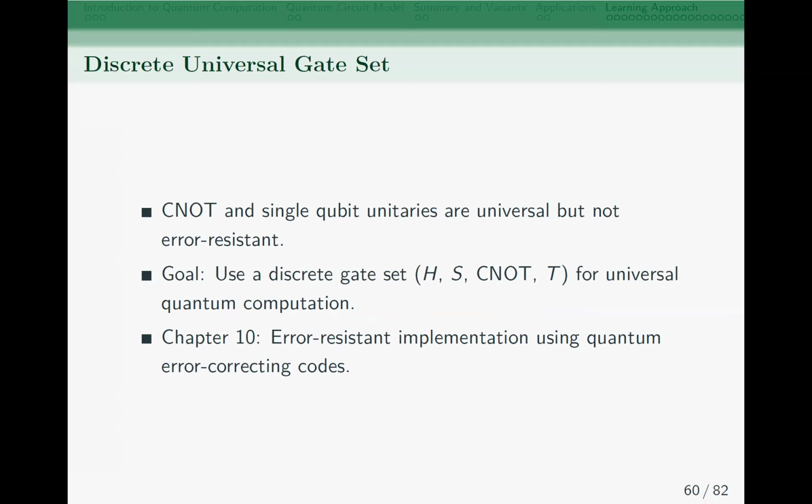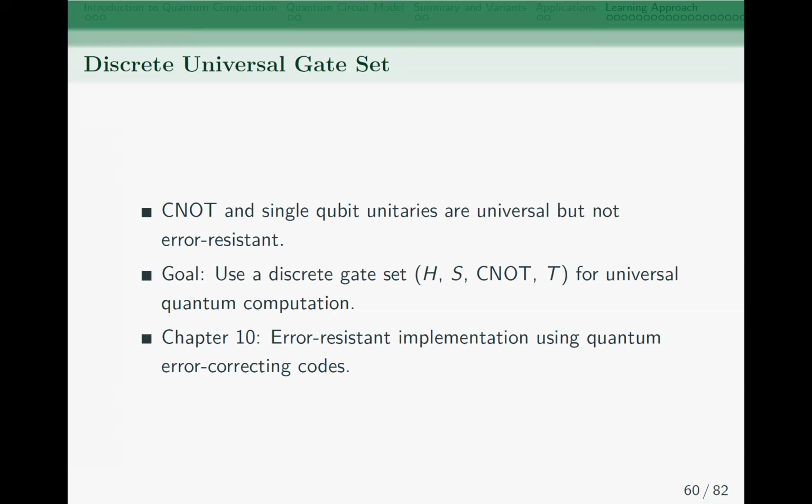Single unitaries are universal but not implementable, because they are continuous. So the final theorem I want to prove is that there exists a so-called discrete set, discrete meaning that you have only finitely many gates. I will prove to you that actually you only need Hadamard, C-NOT, and T. So only three are enough. And you may ask, how can that be?